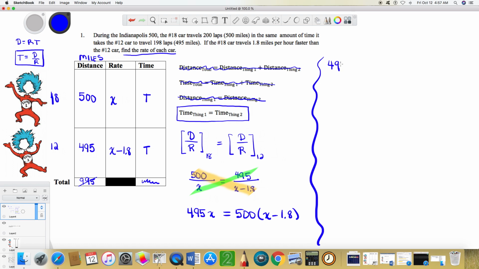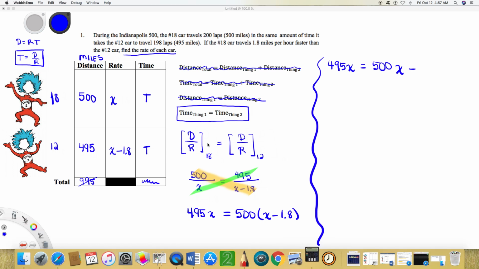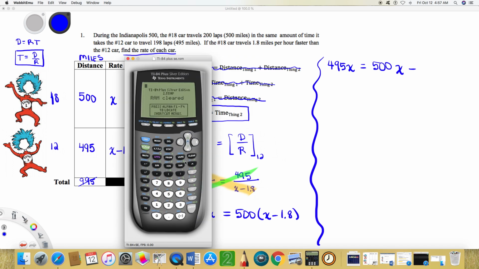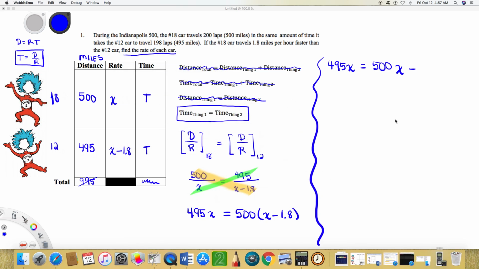So I'm going to distribute the 500. And let's grab my calculator. 500 times 1.8 is 900. Should have known that.